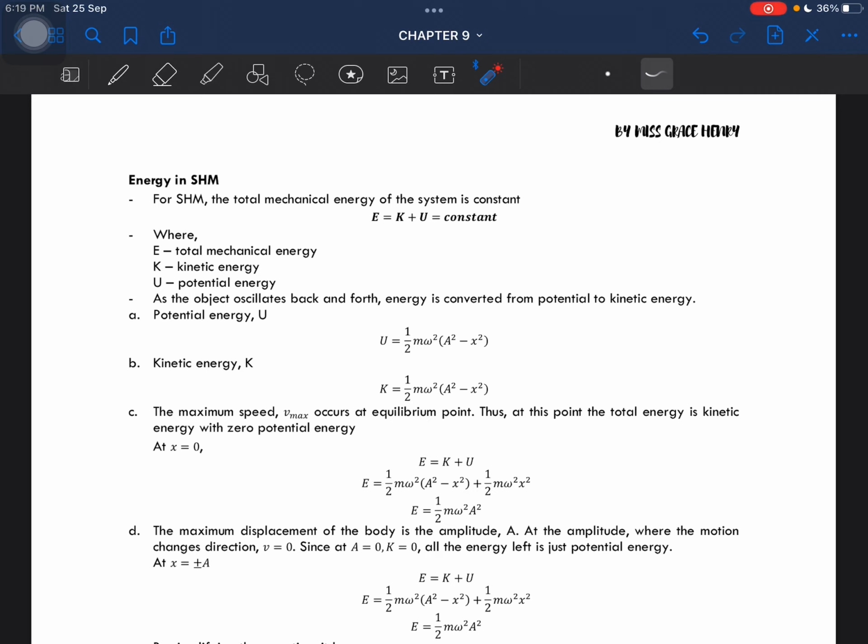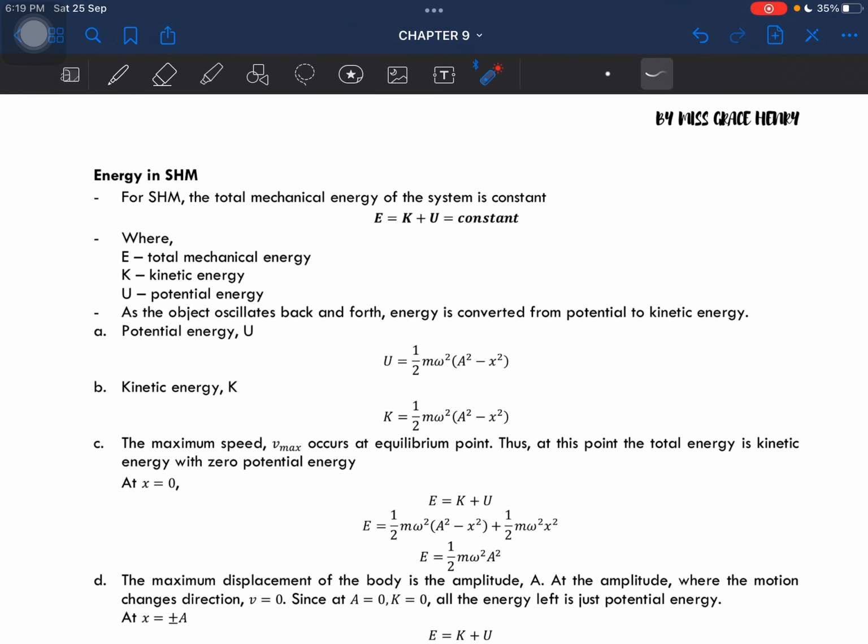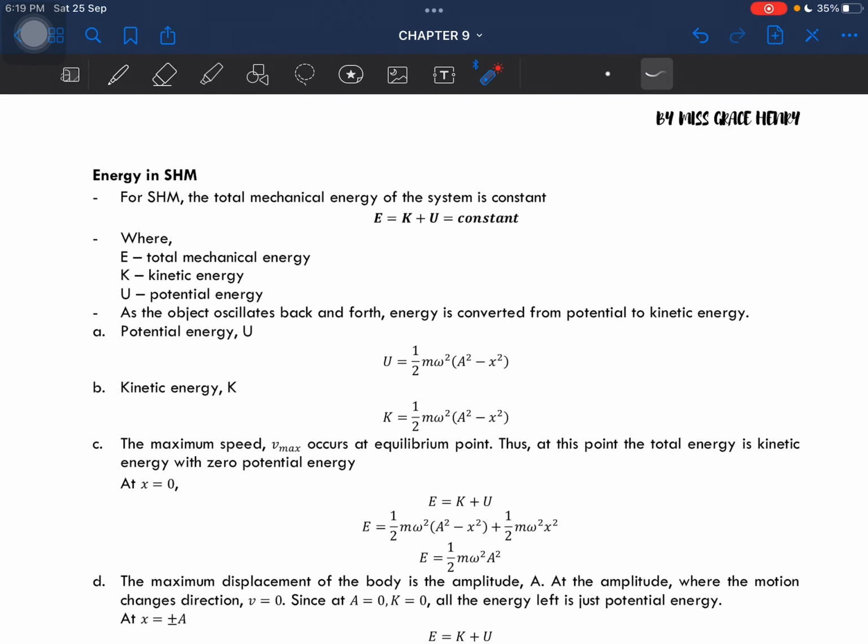So this is for energy in simple harmonic motion. We are going to focus on two types of energy for this chapter. For simple harmonic motion, the total mechanical energy is constant. So E, K plus U, equals a constant.